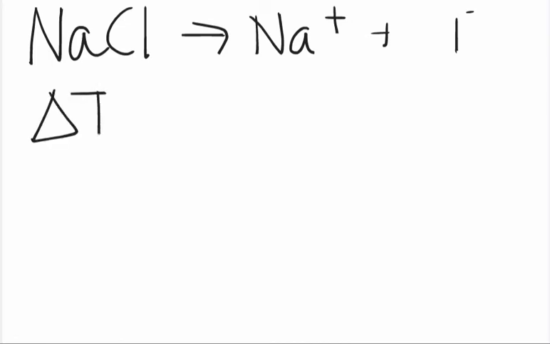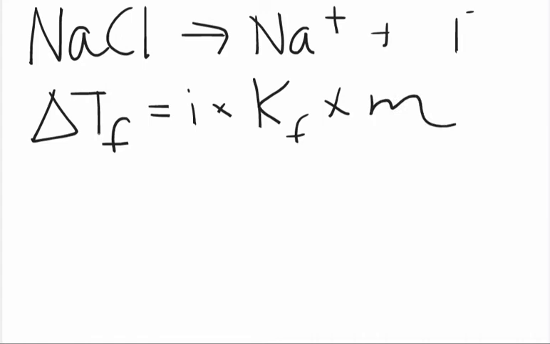So if we want to calculate the freezing point depression for a solution of NaCl in water, we need to include the number of particles that are produced from 1 particle of NaCl, and so this is often represented by a lowercase i, and then we can multiply that by the freezing constant and the molality of the solution.